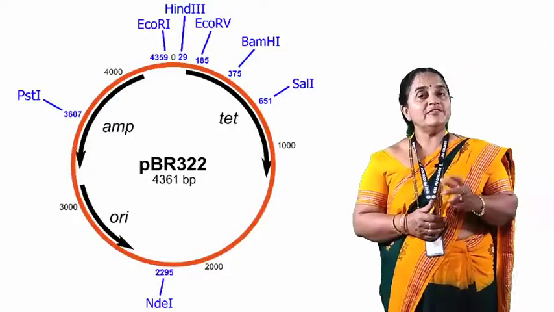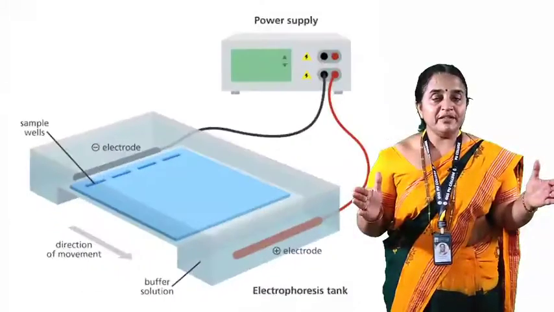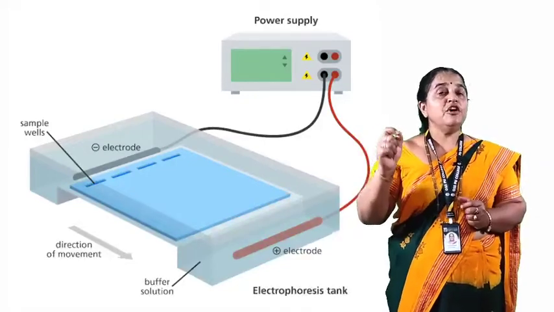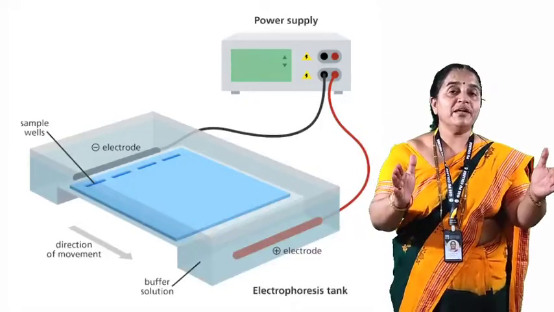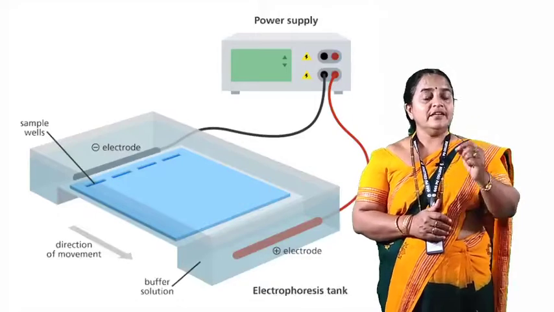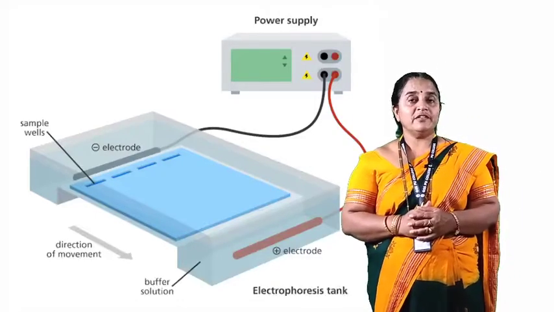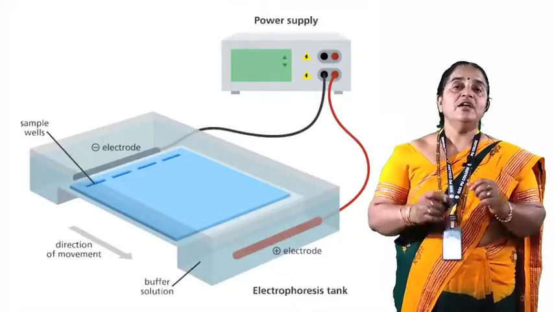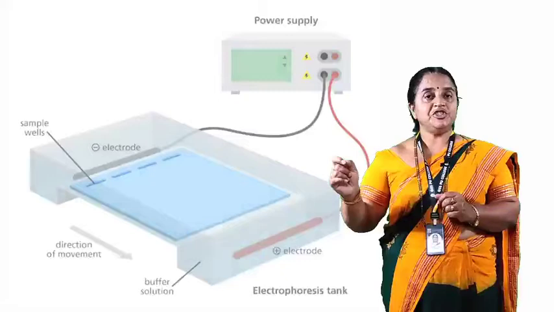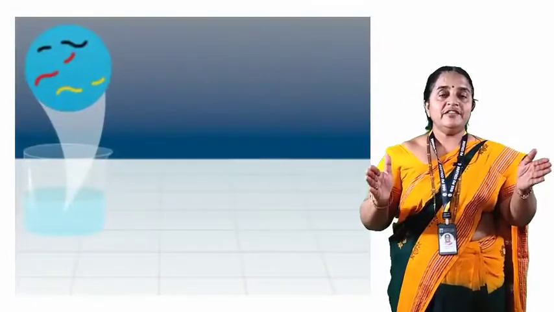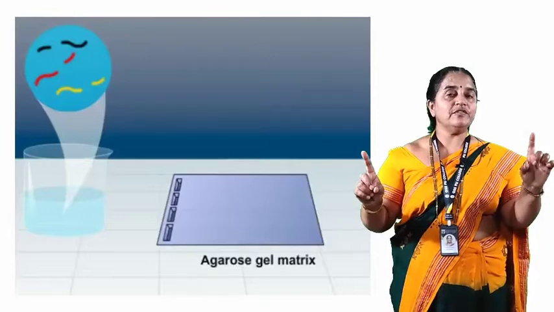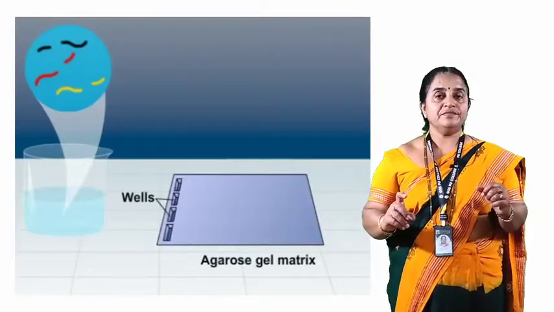Coming to the next, once we fragment the DNA, we need to separate these fragments as per their length so that we can find the gene of interest from those fragmented DNA. There is a technique called gel electrophoresis. Here, the medium used is either agarose gel or polyacrylamide gel. This gel is taken in a tray which is connected by two electrodes, cathode and anode.